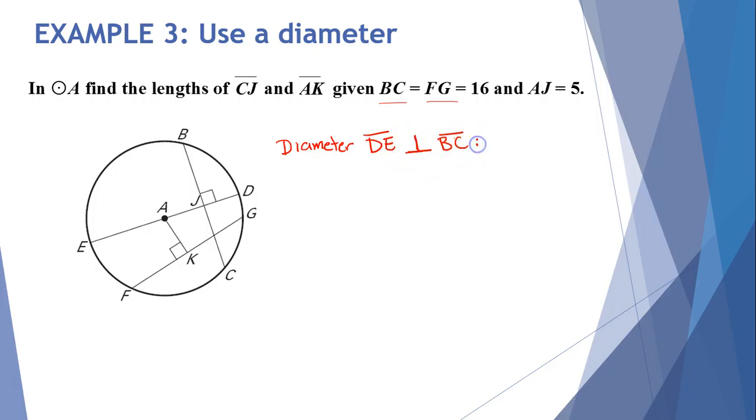Okay, so by theorem 10.5, the one that we just looked at, we should know it says DE bisects BC.